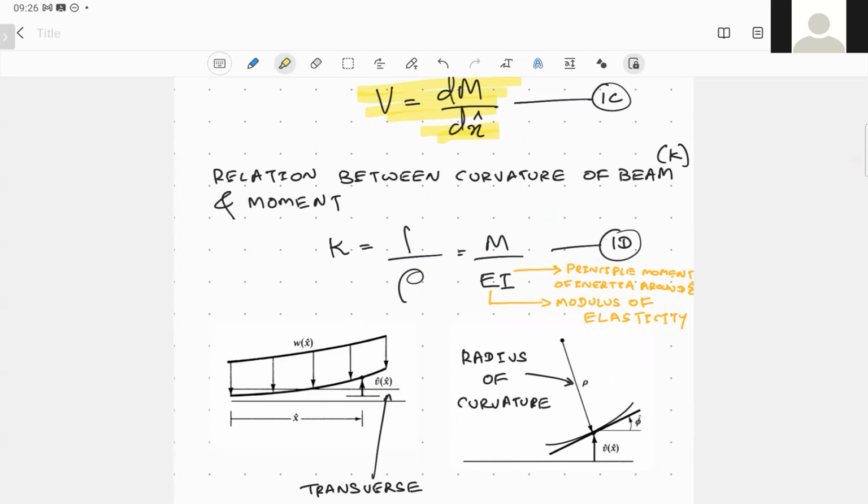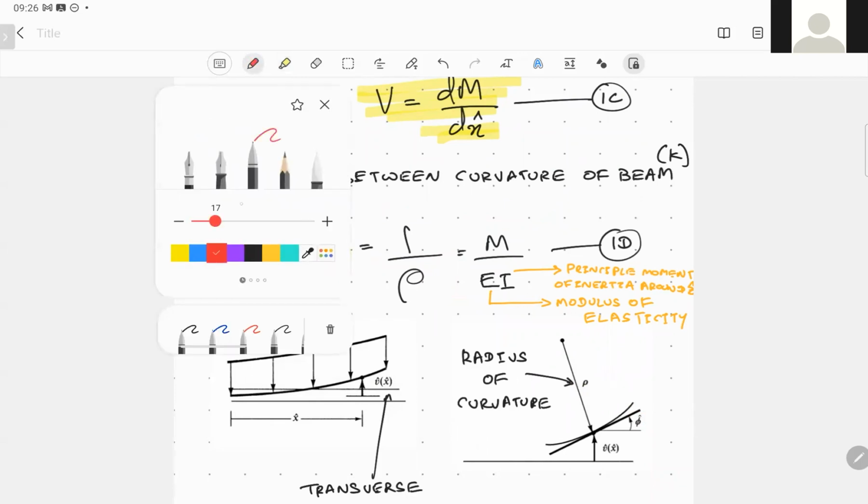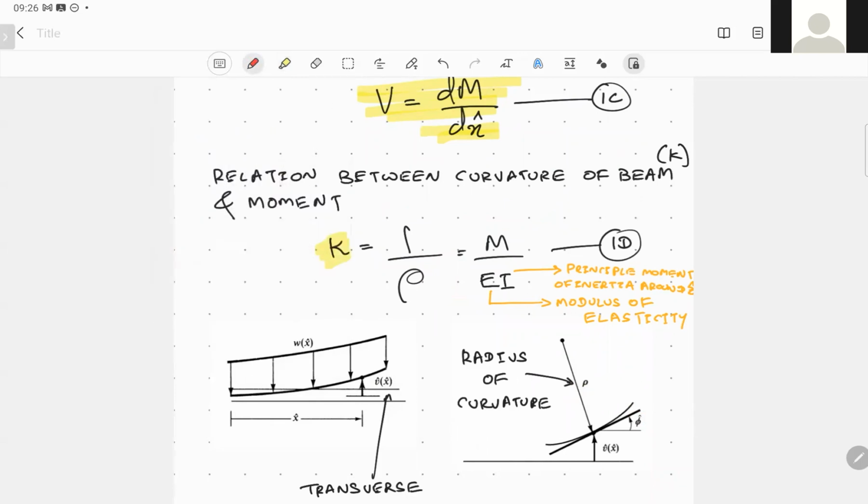For this, let's find the curvature of the beam, which is given by capital K. I will directly use this equation. The curvature can be written using the radius of curvature.